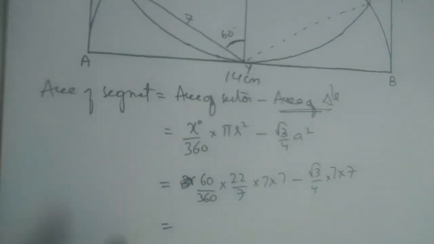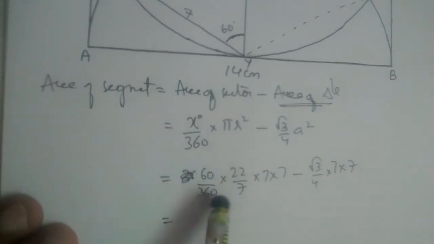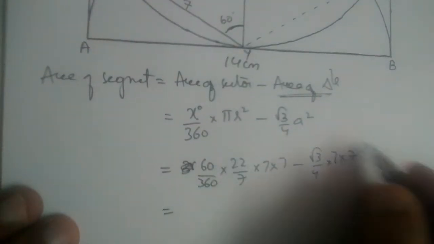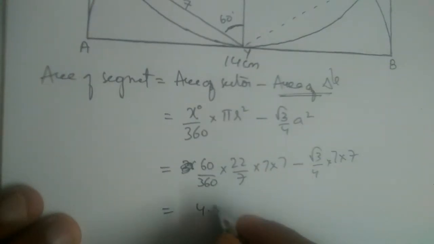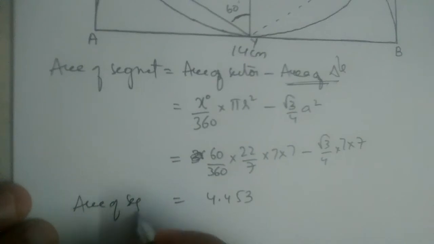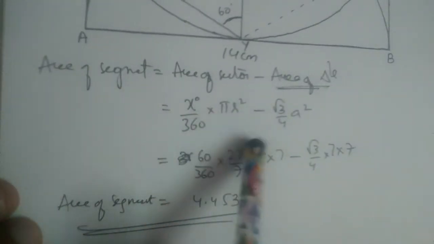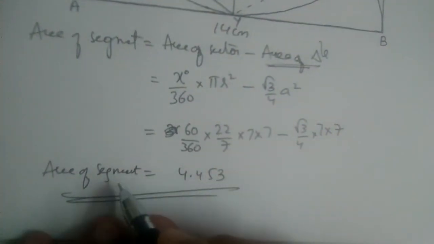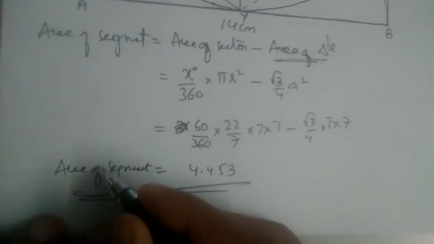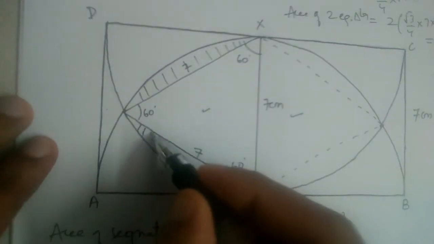So the area of one segment, if you simplify this whole part, will be 4.453. I have calculated all the values so that I do not waste time here. Area of one segment is 4.453 centimeter square. Now, how many segments do we have?